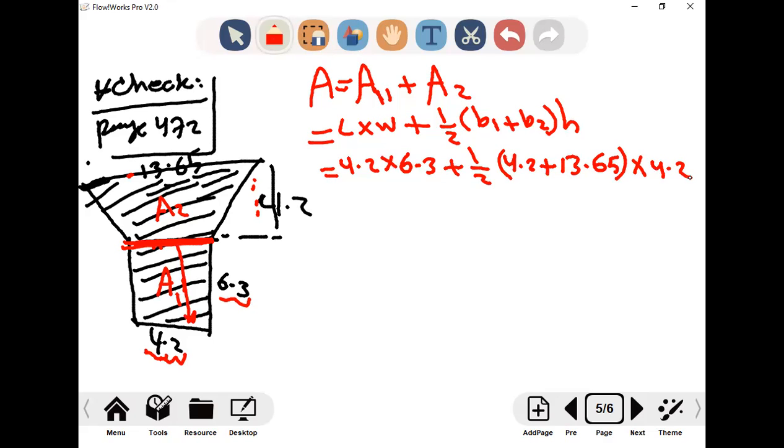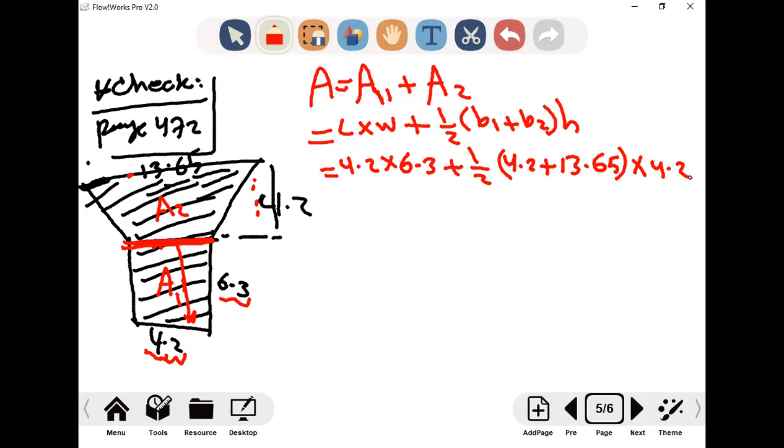The answer will be 4.2 multiply 6.3 plus half multiply 4 with 13, 17.85, multiply 4.2.